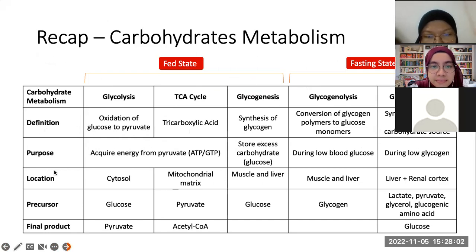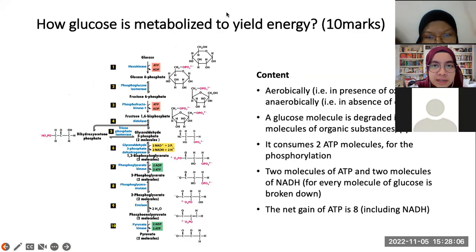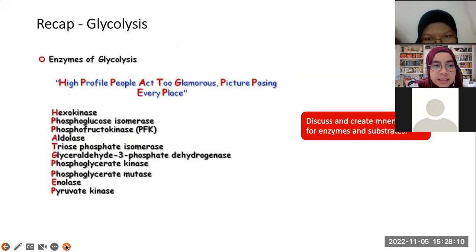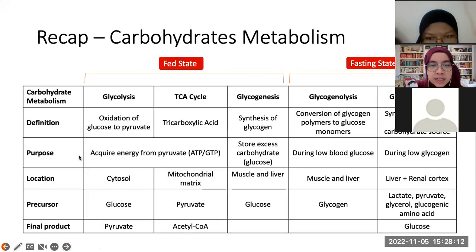And then purpose. What is the purpose of glycolysis? The question is already giving you the hint, which is to yield energy. So you can expand a bit: acquire energy from where? Pyruvate, basically the end point. Then where does glycolysis take place?